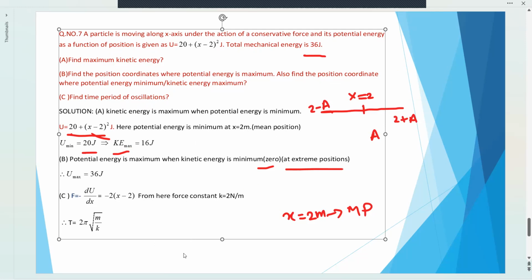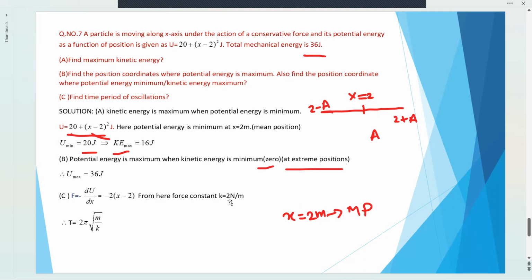So the force constant is 2 Newton per meter. Therefore, time period is 2 pi root m by k. If mass and k are known, then the time period is known. If you want frequency, take the reciprocal of the time period. That gives us the frequency of oscillation.